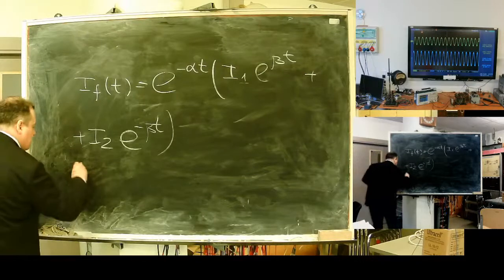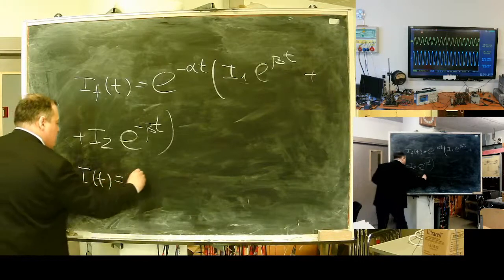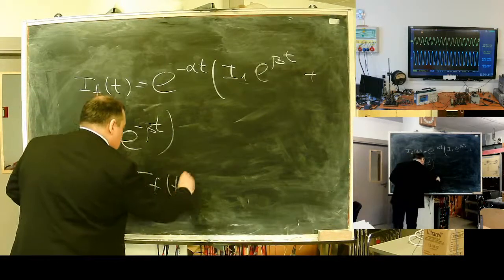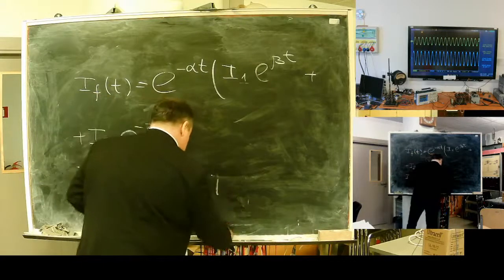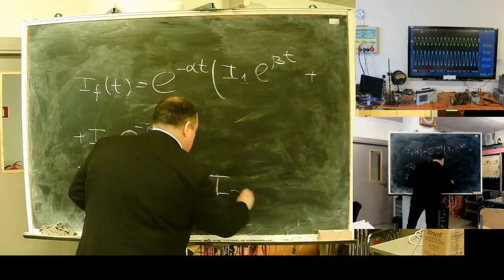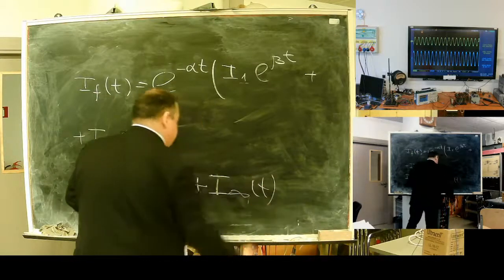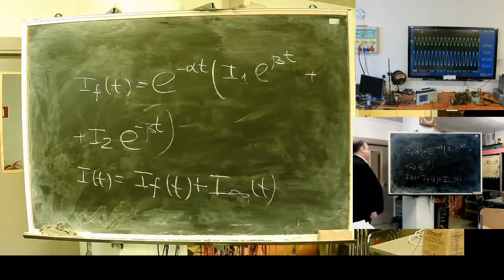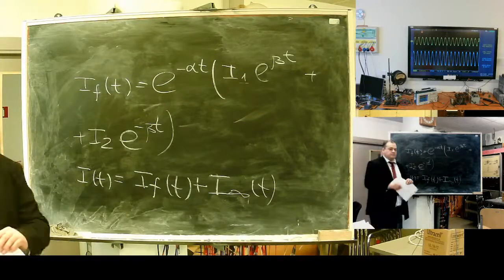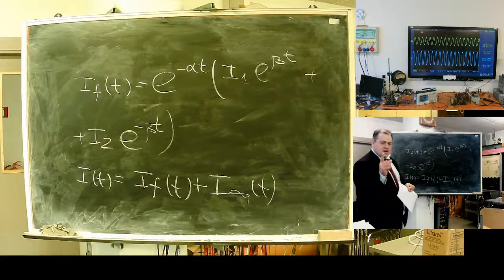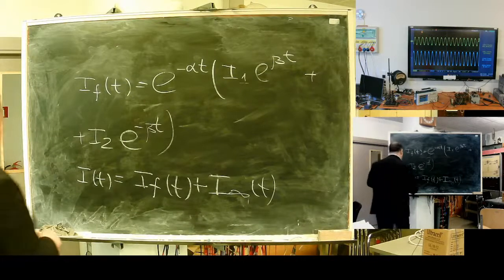Full current will be the free current plus the enforced current. Let's take a look at an example.